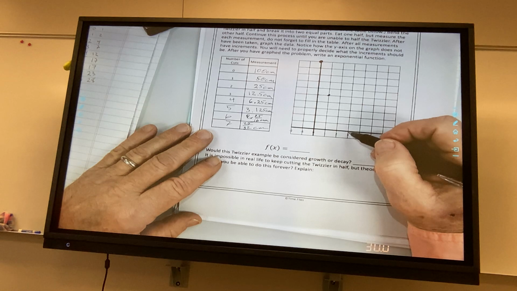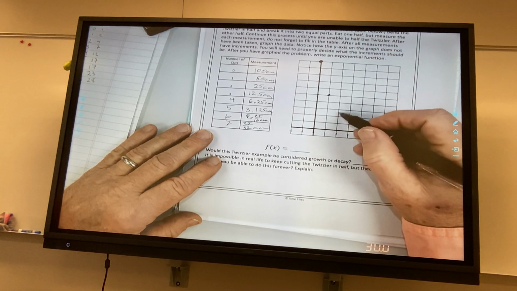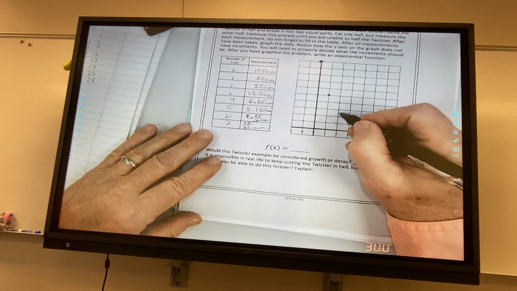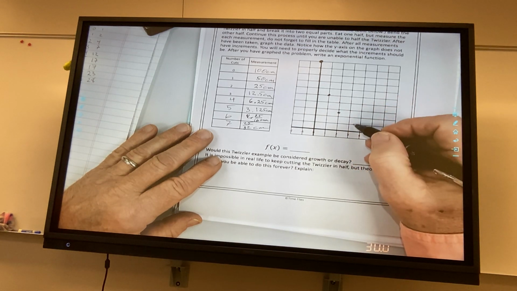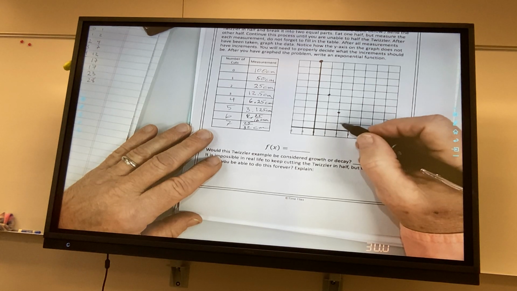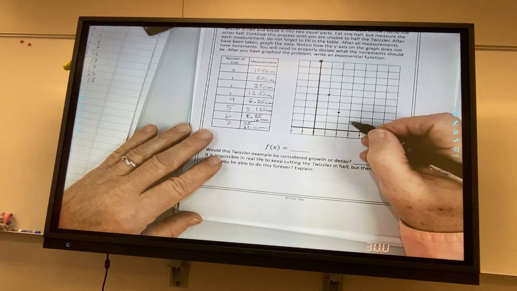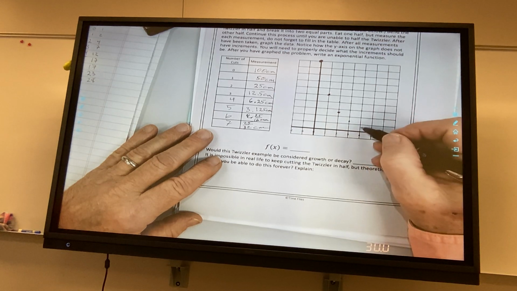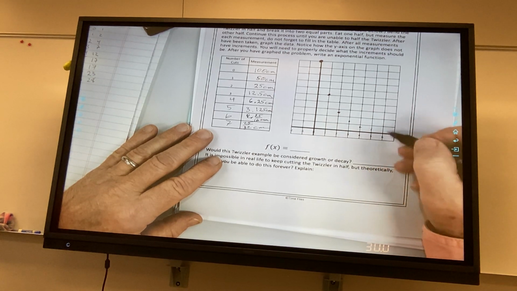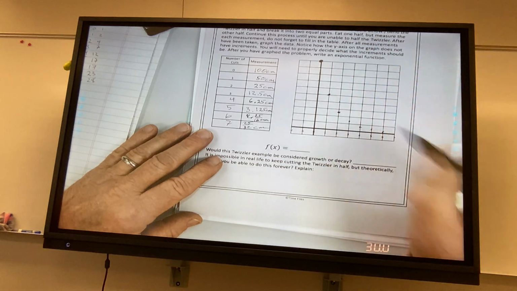And then this would be halfway. So do they get connected?